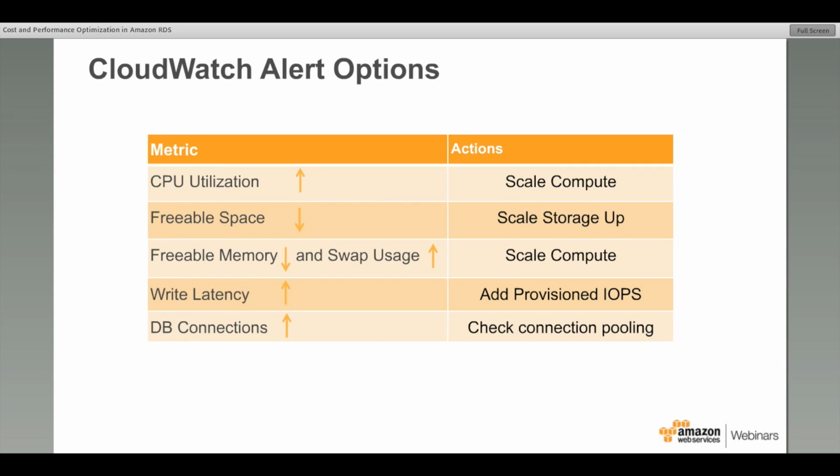If my free memory is down and swap usage is up, I could scale compute, because remember that compute instances contain both CPUs as well as memory. If my latency is high, I could potentially add provisioned IOPS. And if I have increased database connections, this is where I mentioned connection pooling and the parameters in the database itself.